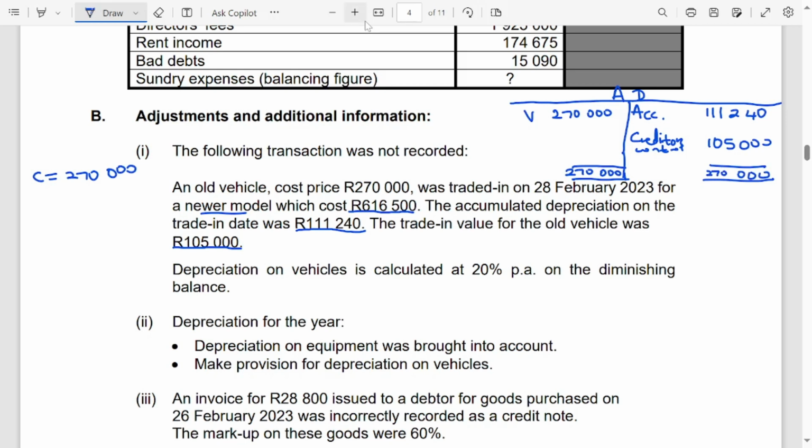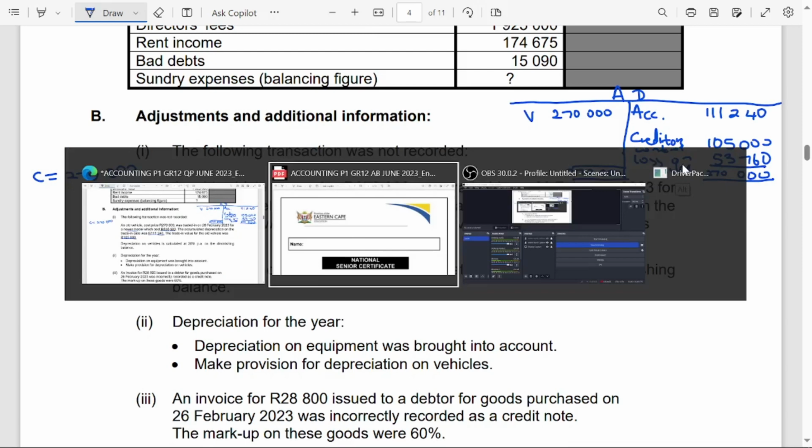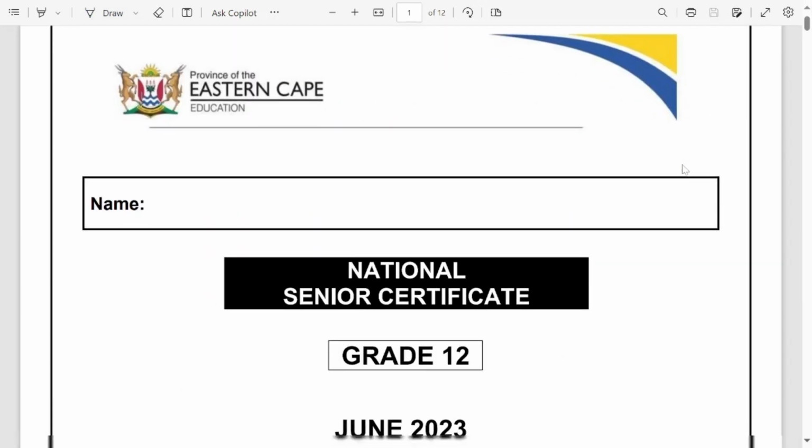So 270,000 minus 105,000 minus 111,240 is going to be 53,760. So this means that there is a loss on sale, which is going to the income statement. But we were told to do it here. So let's come and do it.